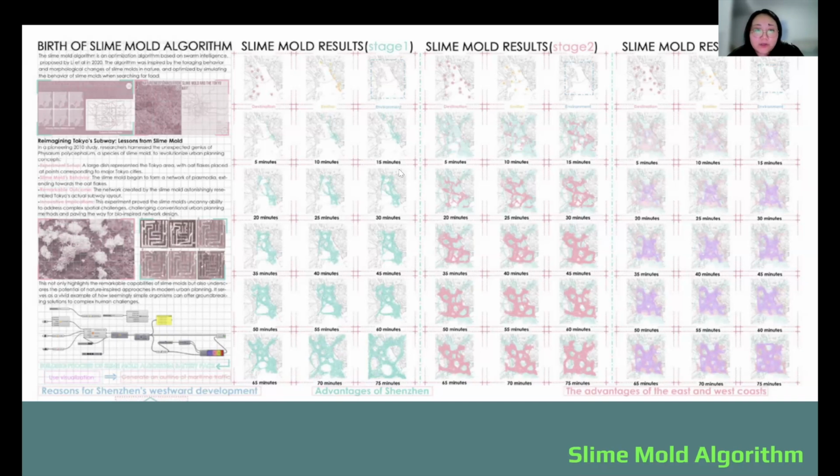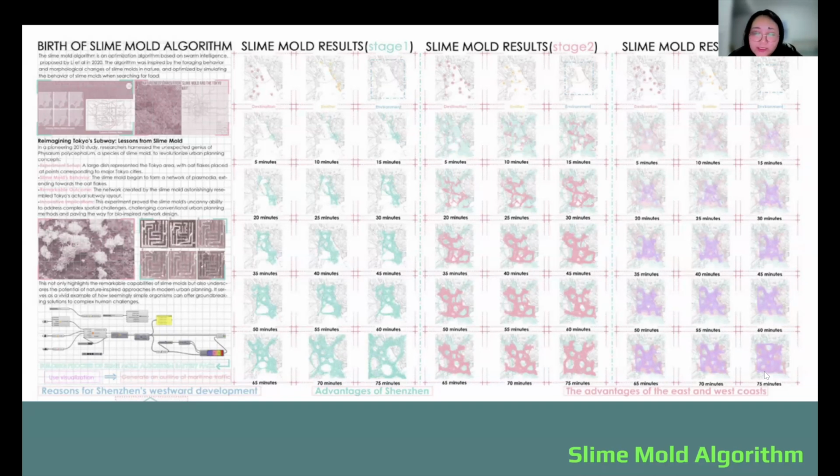So it will calculate the most efficient paths between these two sets of points. In this example, we ran 3 times of the slime mold test to come up with this complex network of lines.